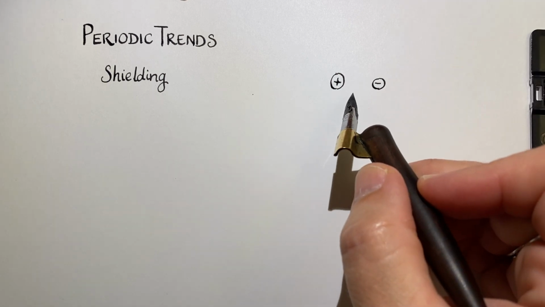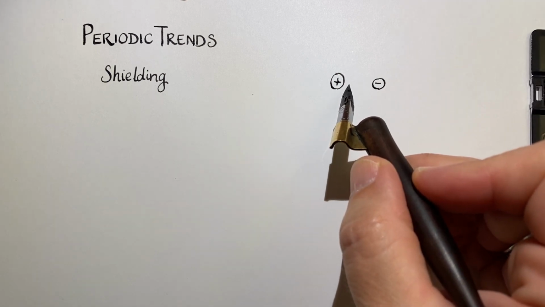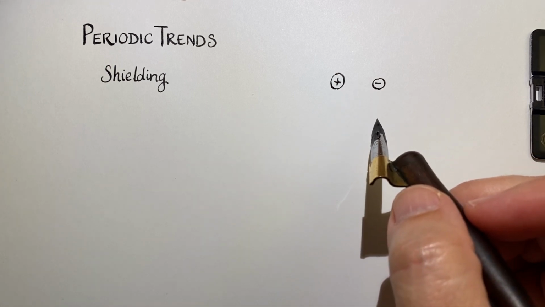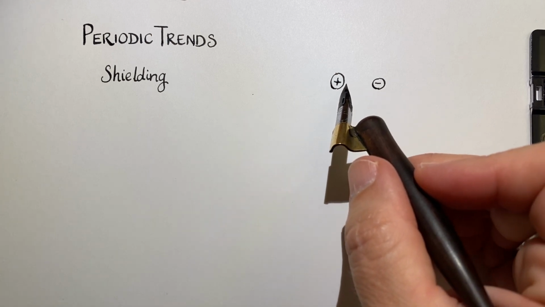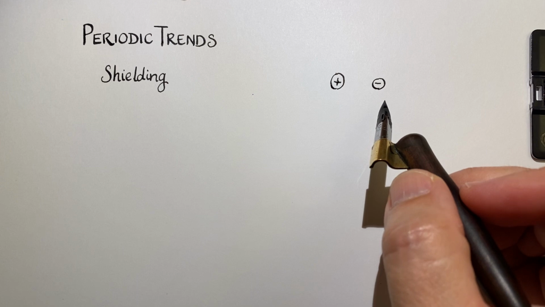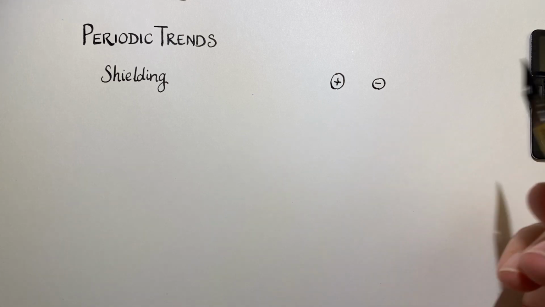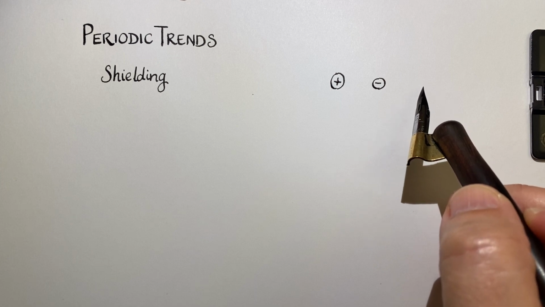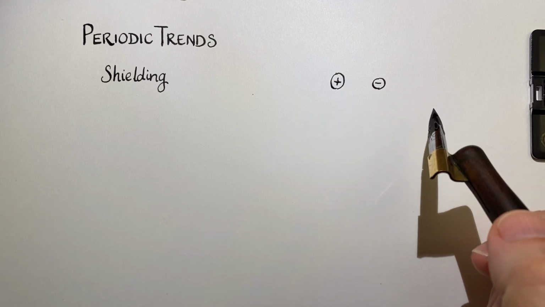Also, another thing that causes changes in the attractive force is the distance between the two. When these are closer together, the stronger the attractive force. But if we increase the distance and we bring the electron out here, it will be a weaker force.